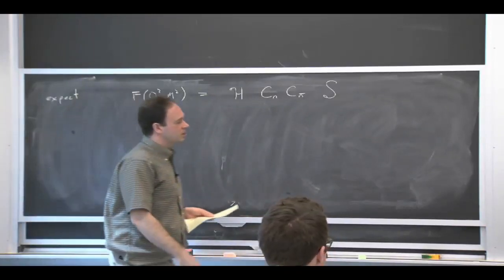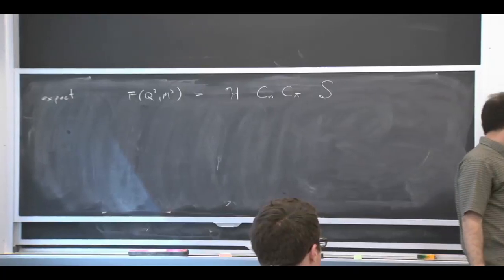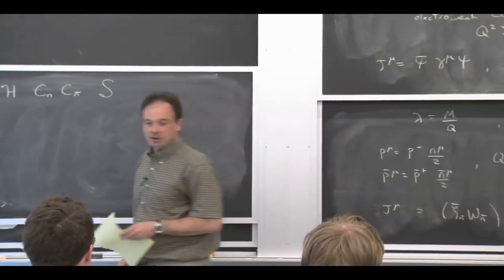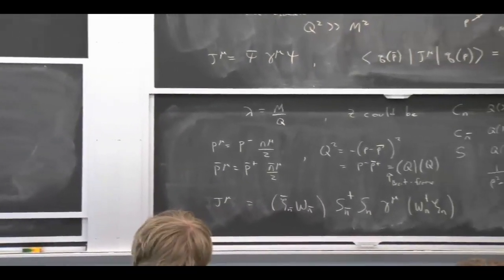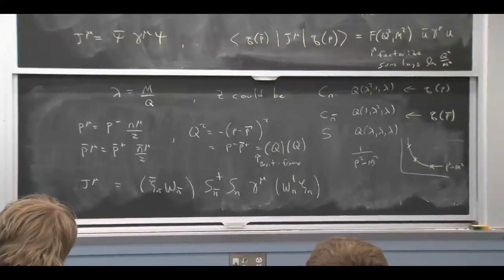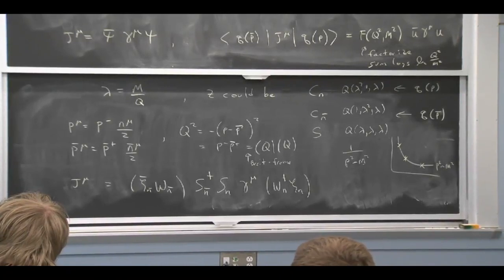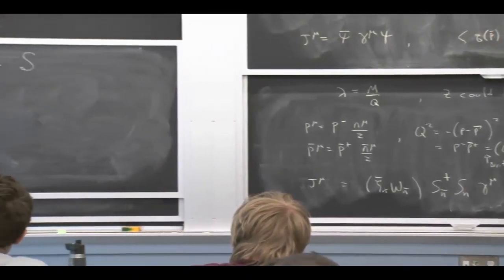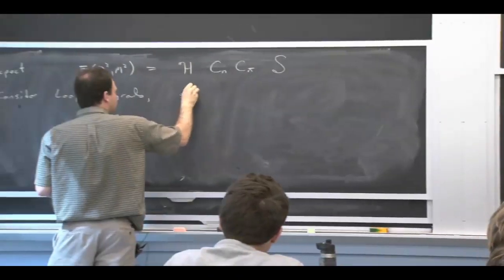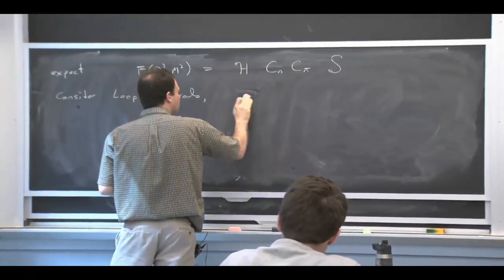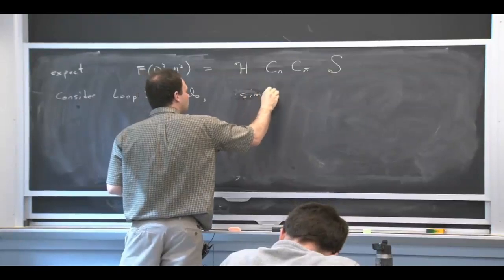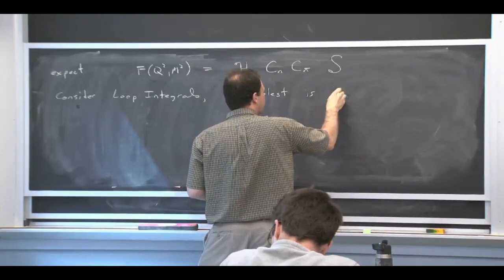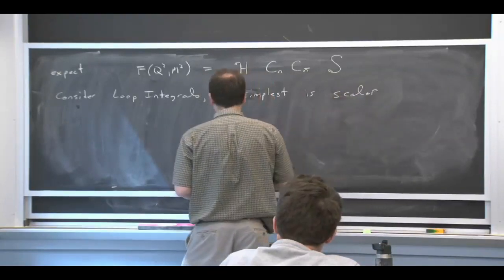So let's consider just one-loop diagrams. And it suffices in order to make the point just to consider the most singular one. So there's various loop integrals that you could have to do when you're doing the diagrams, if they're fermions.